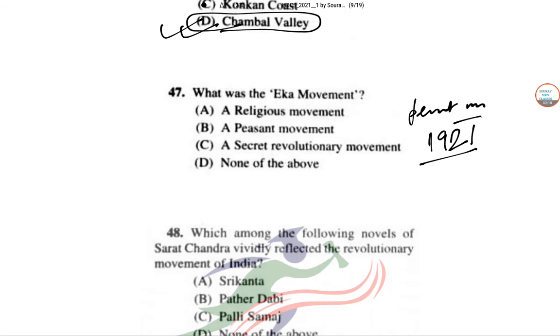The main reason for the movement was high rent, which was generally higher than 50% of the recorded rent in some areas, and oppression by the thekedars who were entrusted to collect the rent and practice the share of the rent also contributed to the movement. So now it's very easy to say what the answer is. Yes, it is a peasant movement.